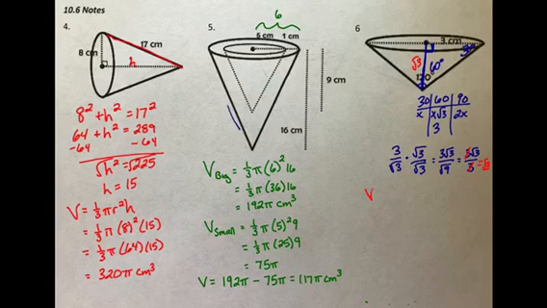So then to find the volume for this cone, I have 1/3 pi. This time my radius is 3, and the height is the square root of 3. So when I square 3, I get 1/3 pi times 9 times the square root of 3. So that gives me 3 pi centimeters cubed. And that's it.